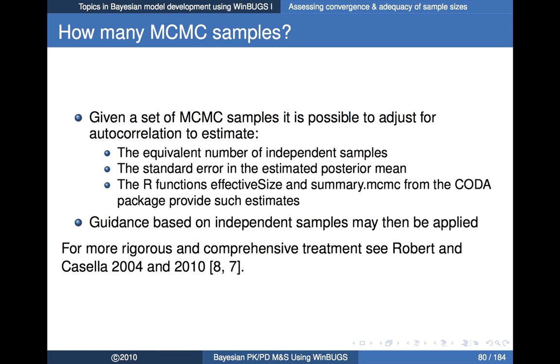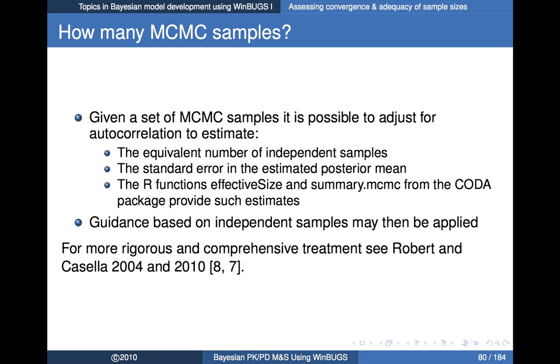Okay, now what I just talked about was for a case where we were talking about independent samples. And in the world of MCMC, we don't have independent samples. We have correlated samples. What do we have to do with that?